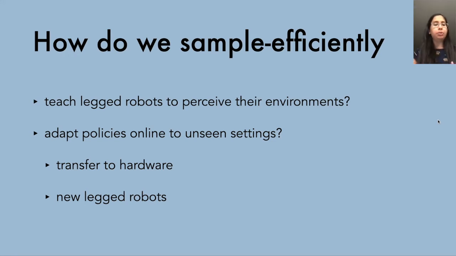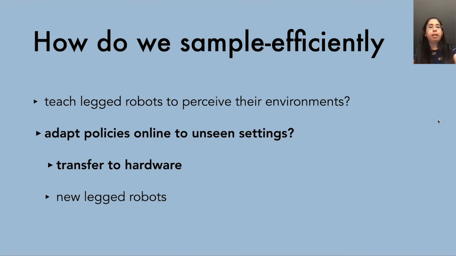One is transfer to hardware, bridging the sim-to-real gap, and the other is transferring to new legged robots, which were never seen during training. And I want to stress that all of this would be focused on doing this sample efficiently, because legged robots, unfortunately, are also very fragile, and they will break if you take a lot of samples on them. So we want to limit the number of samples we have to take, but adapt our policies online based on environment input for legged systems.